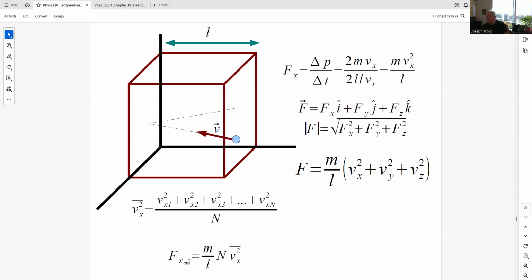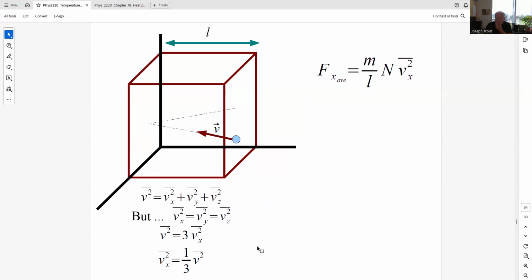Therefore, our average force in x is going to be equal to the mass over the length, n times the average of Vx squared. However, we assume that the average velocities in all three of these directions are equal.